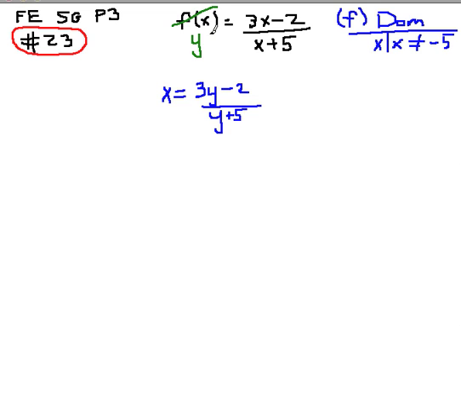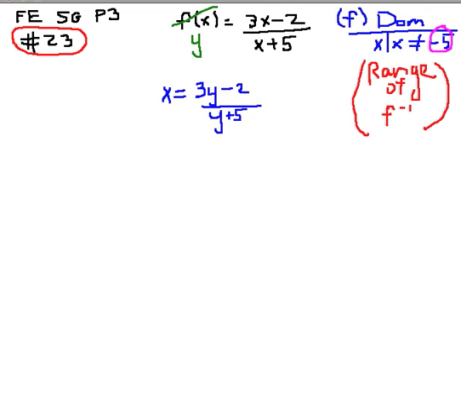So we have the domain of f, and that also, keep in mind, is the range of f inverse. I don't remember what they're asking for, domain or range of one of these, so let's just put range of f inverse there as well. So that value, -5, is the domain of f, and the range of f inverse.